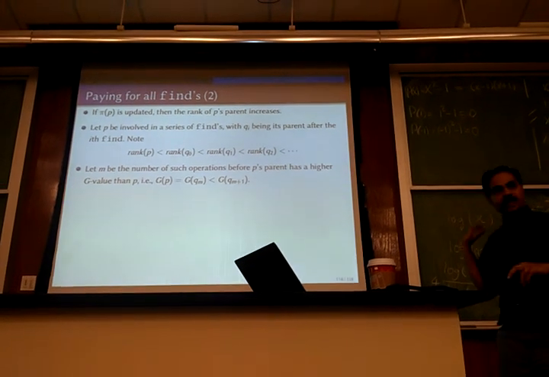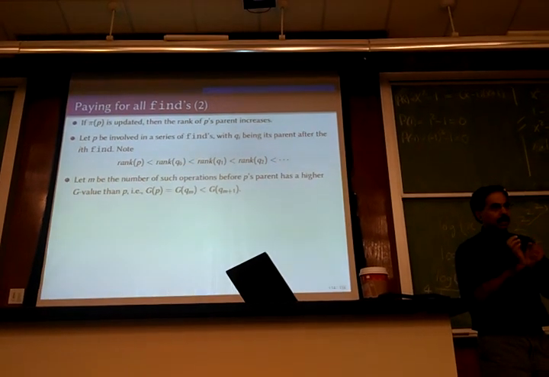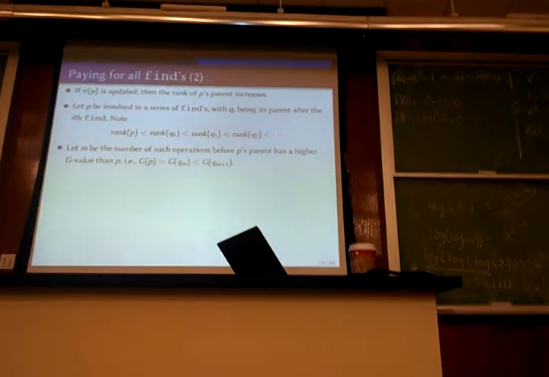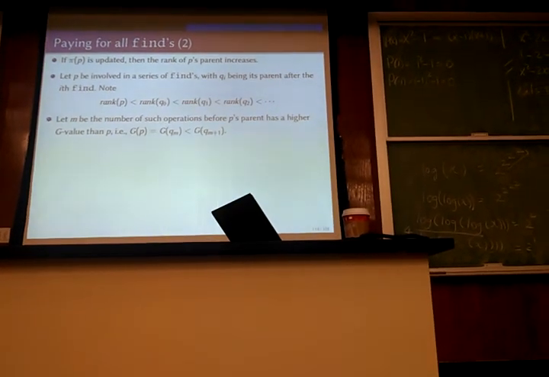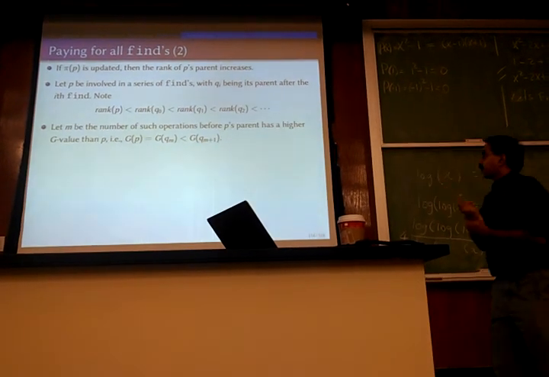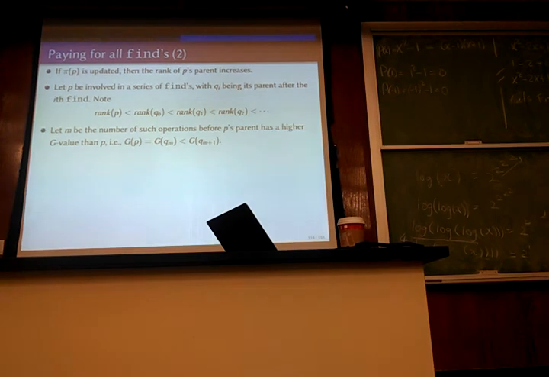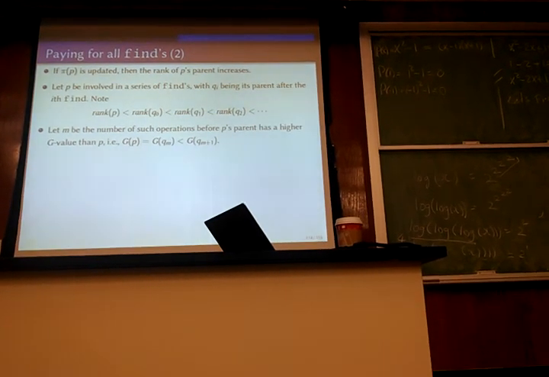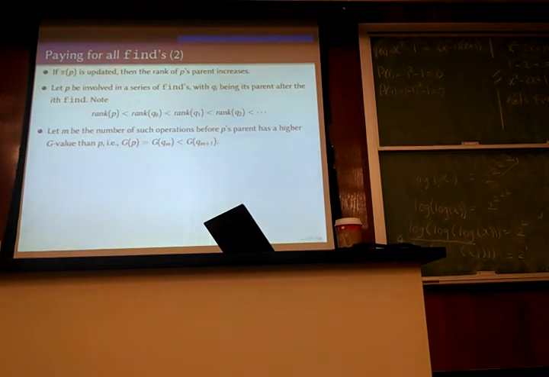And now we are trying to say, let's take a node P and count how many times its parent pointer could ever be updated. Each time this update happens, P should find itself the child of a node with higher rank.